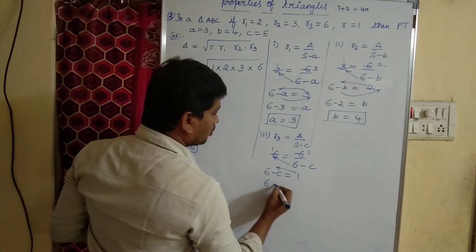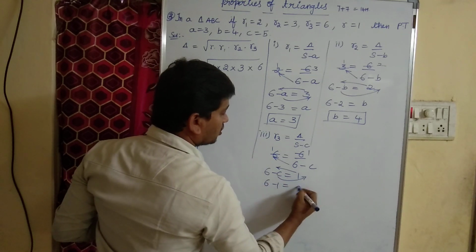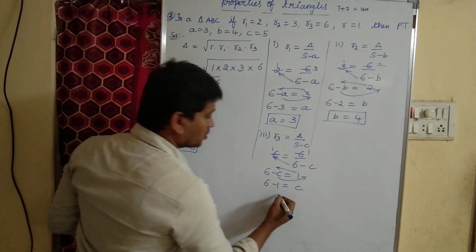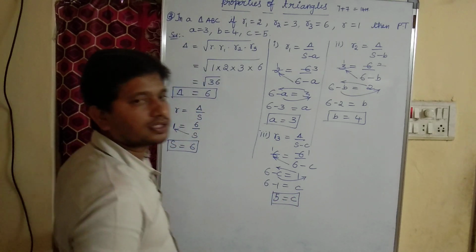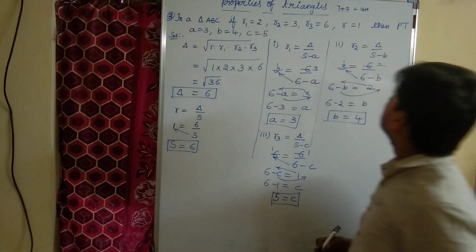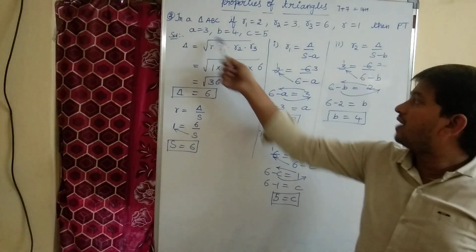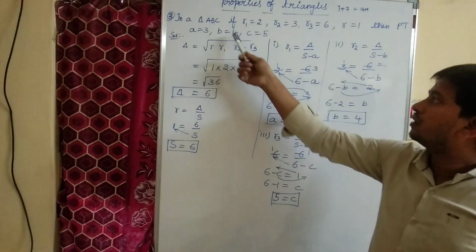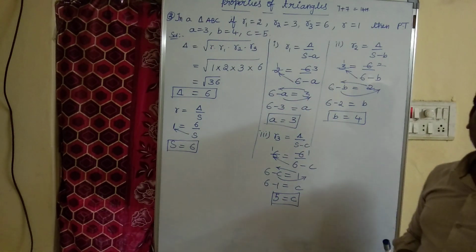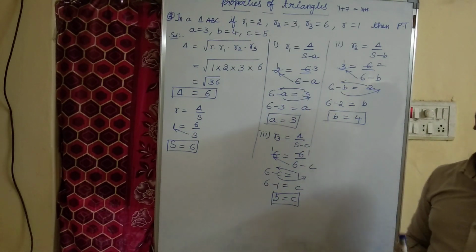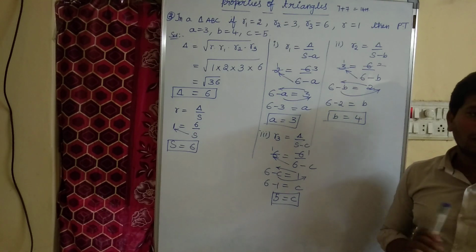Plus 1 you transpose, 6 minus 1, minus c you transpose, plus c. So 6 minus 1, which is equal to how much? 5, right? Yes. What they are asking in the question? They are asking to prove that a value 3, we proved. B value 4, we proved. C value is 5. Okay children, this is our third problem.